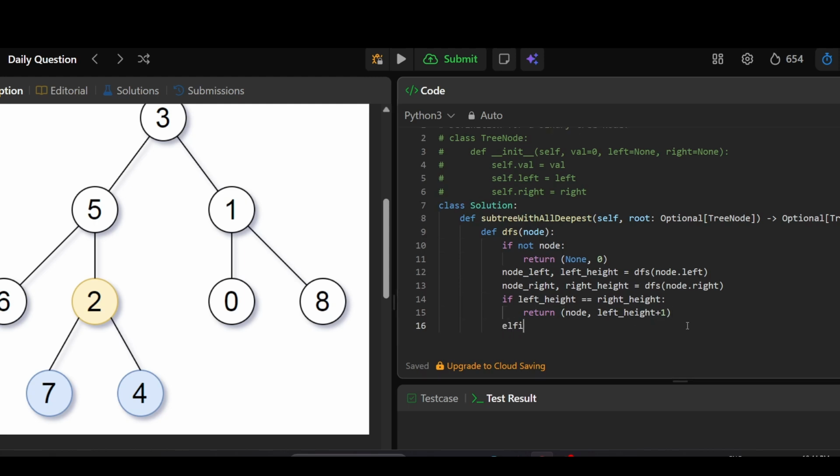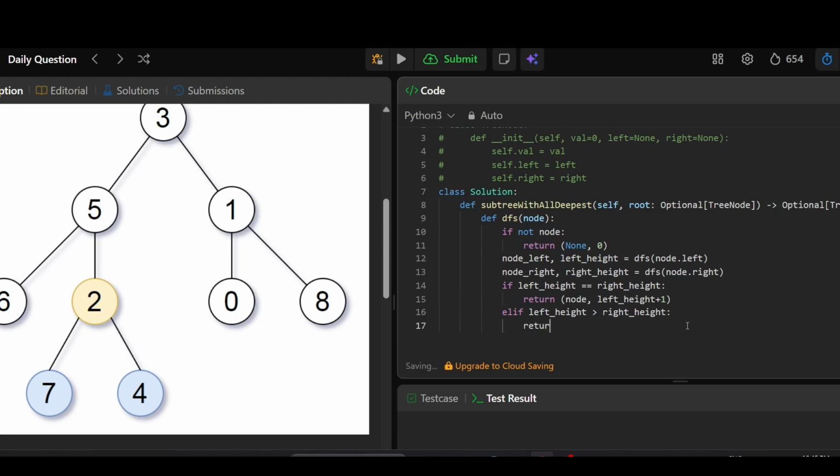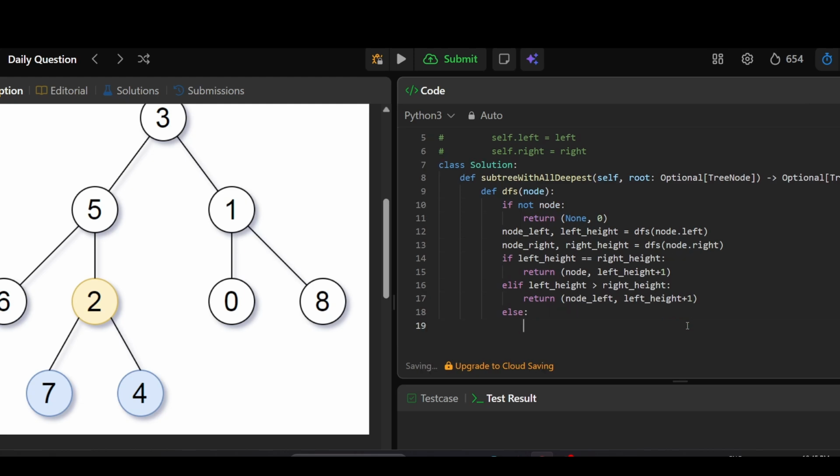Whereas the second scenario is if left height is greater than right height. Then you're returning the left node, which is node dot left, and at the same time, left height plus 1. Else, what if the right height is greater than left height?